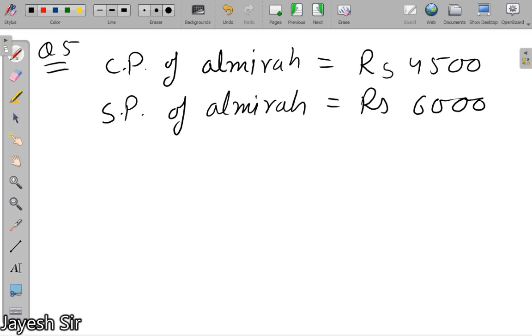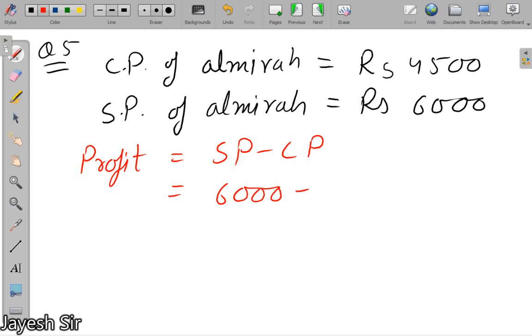Here selling price is more than cost price, so the shopkeeper is having a profit. Profit is selling price minus cost price. So it will be 6,000 minus 4500, that will be 1500 rupees. That will be the profit.